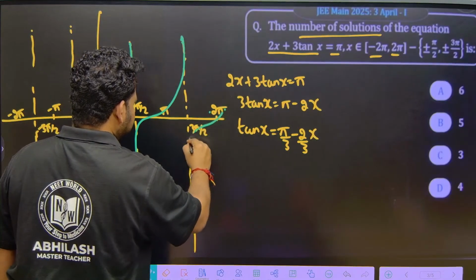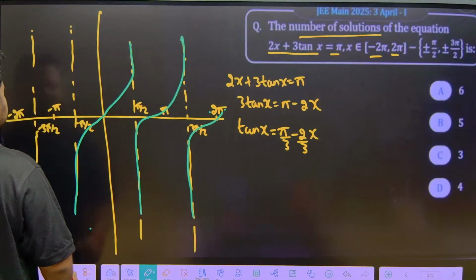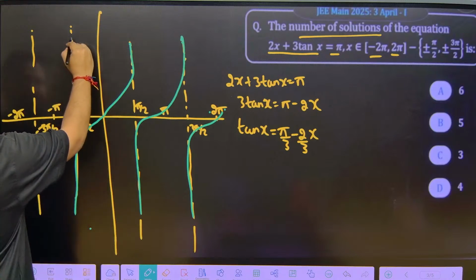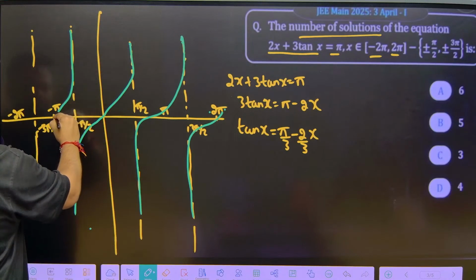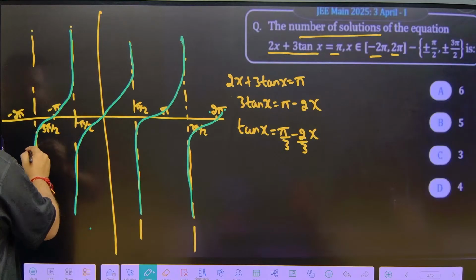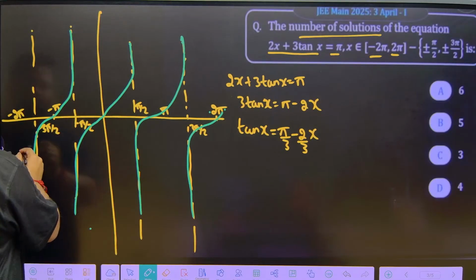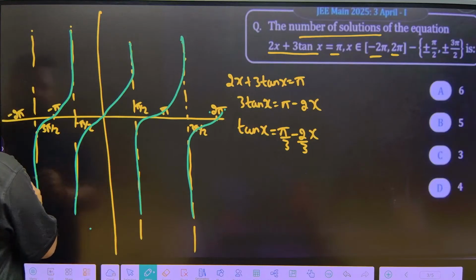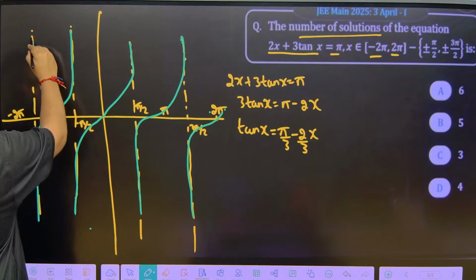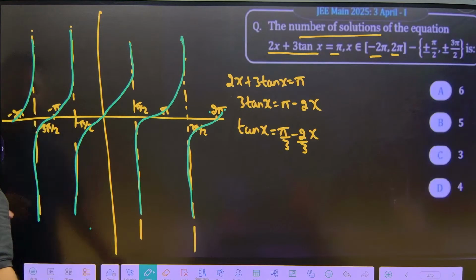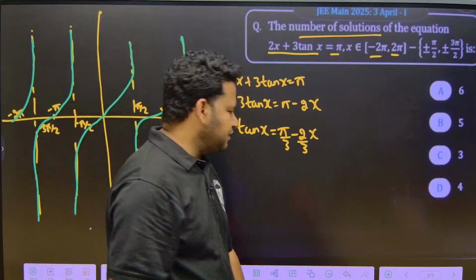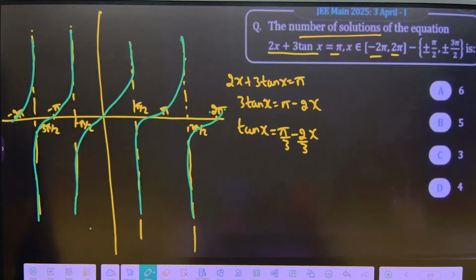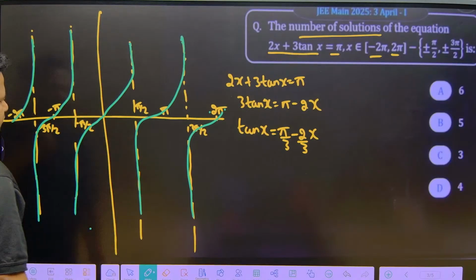Similarly here also, it will start here, it will come like this. Again see here for 2 pi, correct? For 2 pi you have got it here, it will come like this. Okay, this is what we have, the tan curve.